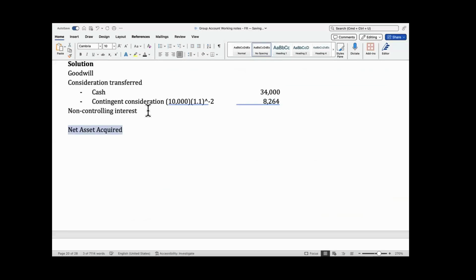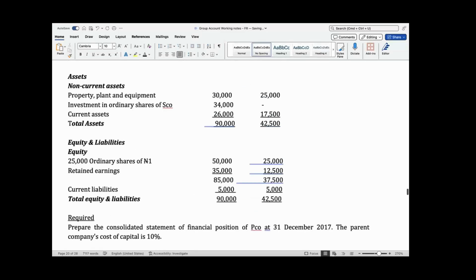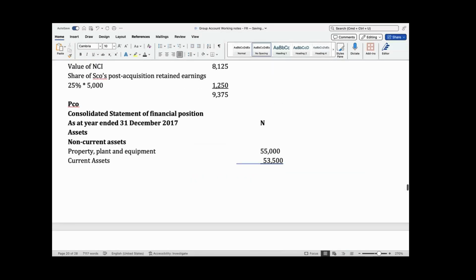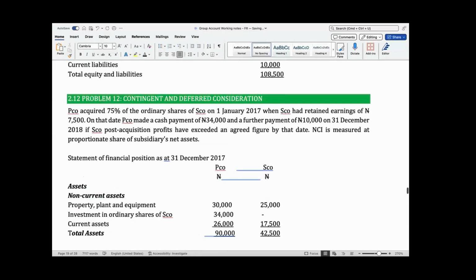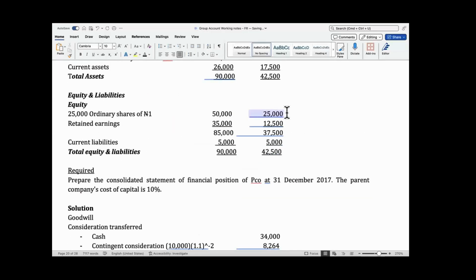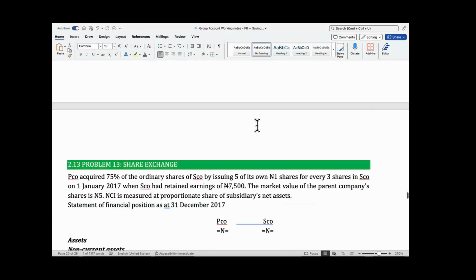Now, the net assets acquired at the date of acquisition comprise ordinary share capital. What was the ordinary shares of the subsidiary? We acquired 25,000.